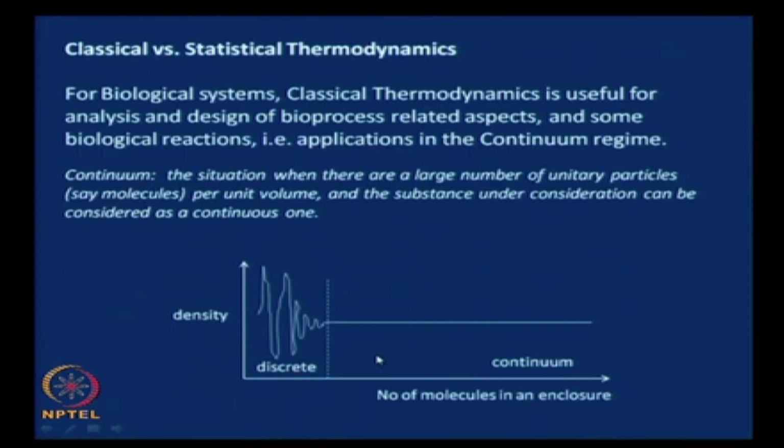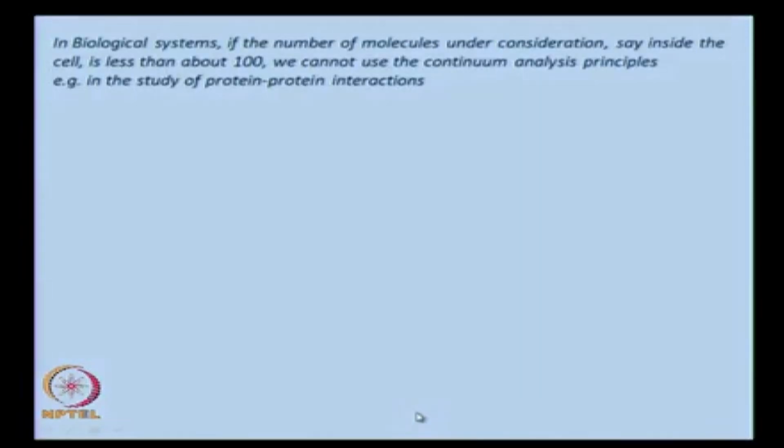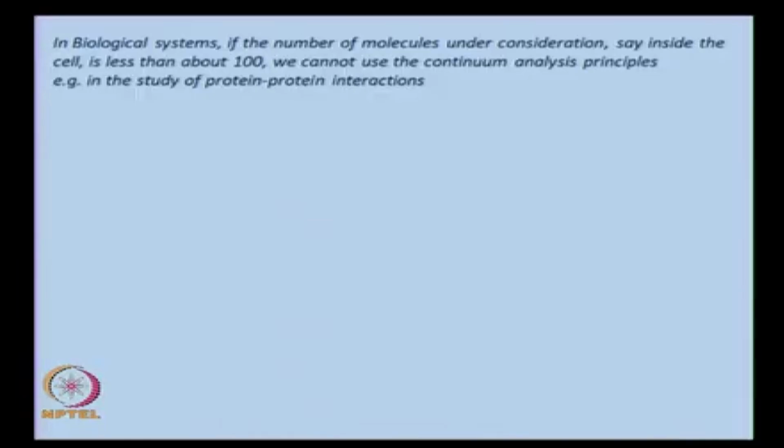The principles that are developed in this course will be applicable only for the continuum regime. By a rule of thumb in biological systems, if the number of molecules under consideration, say inside a cell, is more than 100, we can still use the continuum principles, whereas if it goes below 100 we cannot use these principles.